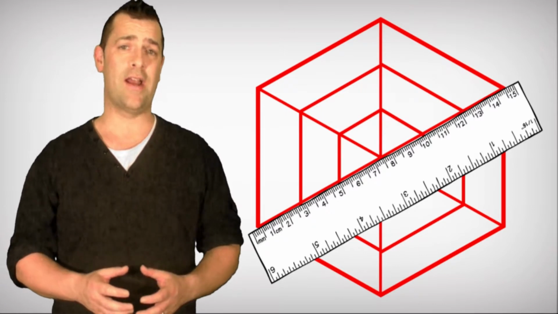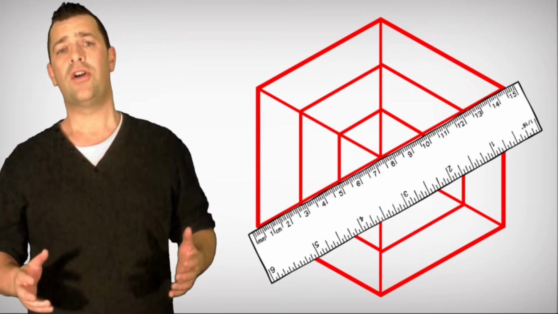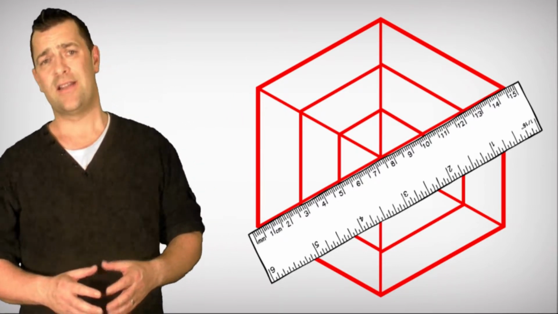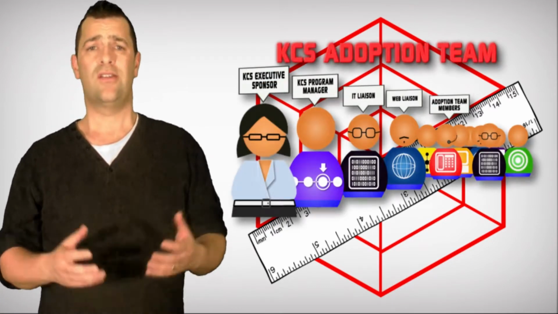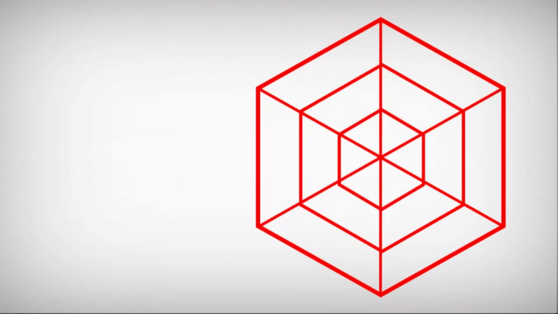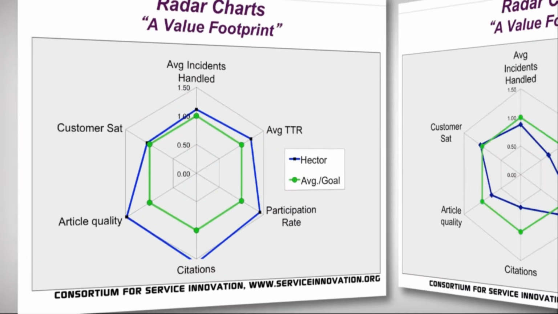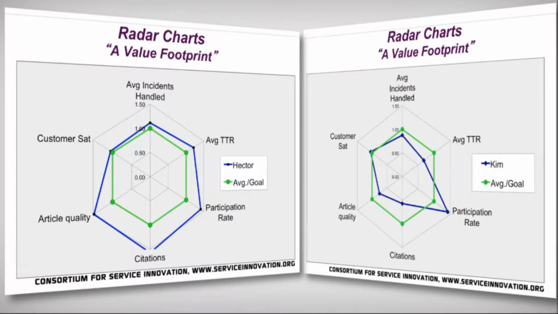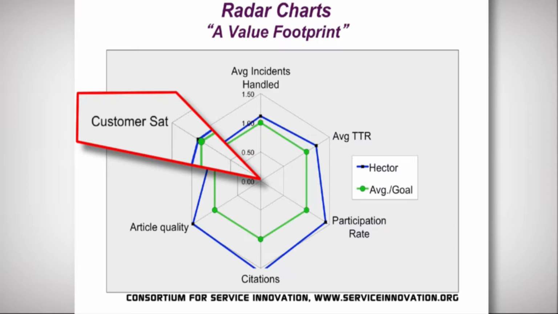Now we have to decide what measures to use in the radar chart. Organisations that use radar charts each have their own set of measures, usually defined by the KCS adoption team. For our example, we will use Hector and Kim's data from the scenario mentioned earlier, and we will use the following measures: Customer Satisfaction Index, assuming that this is captured at the individual level, which is based on the post-incident closure surveys, in which the goal is normalised to 1.